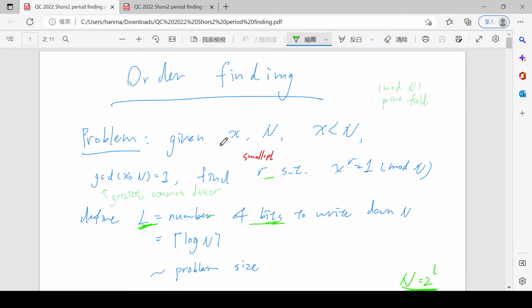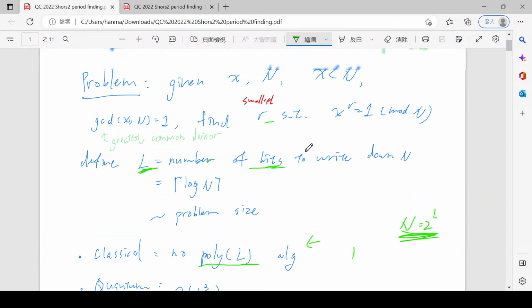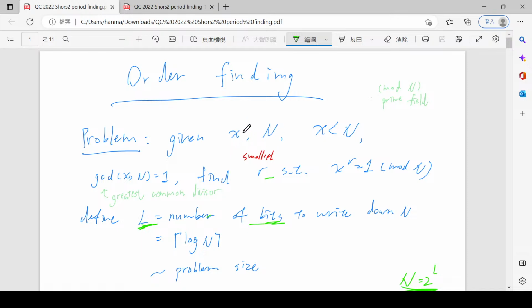You basically want to factor this big N. The way you do this is you select a random x that's smaller than N but coprime to N, and you want to find the order r of x with respect to N. The order r is defined as the smallest integer such that x to the r equals 1 mod N. So x to the r is some multiple of N.